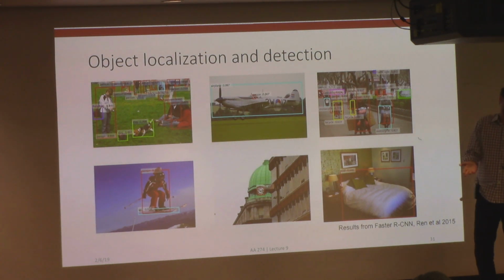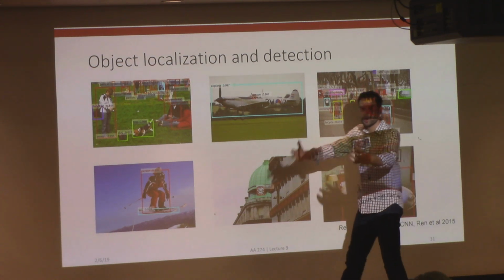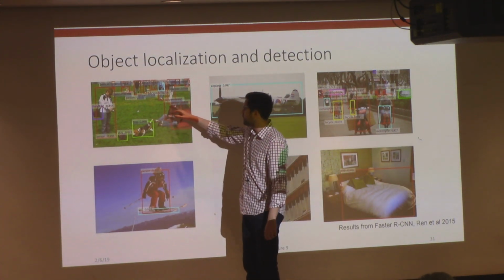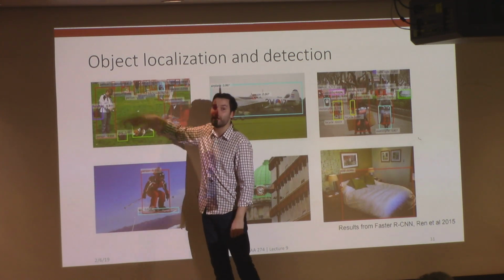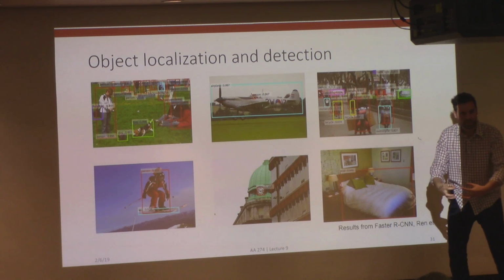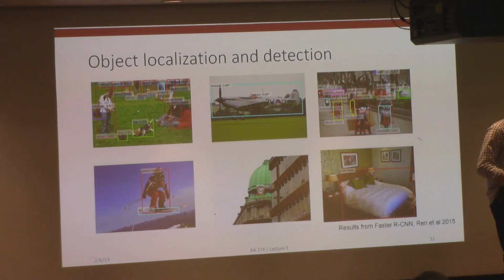Yes, you're correct, but the more useful problem is where are these people in the image? Where are the objects? Here we're trying to find where they are and classify what they are. So you're localizing the object and then detecting what it is. This is a key problem that we want to focus on in robotics.